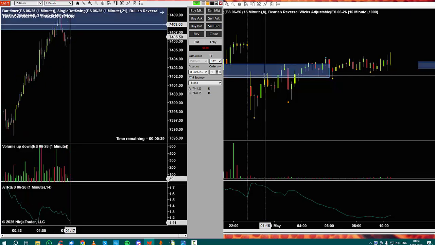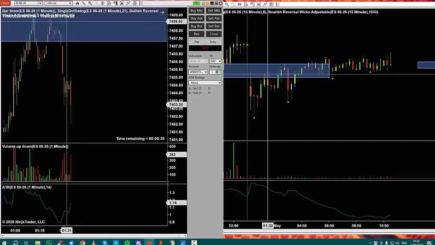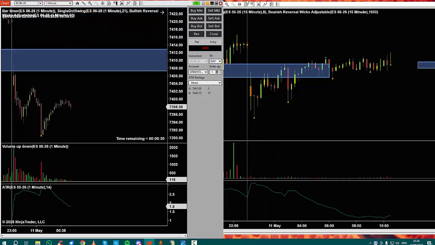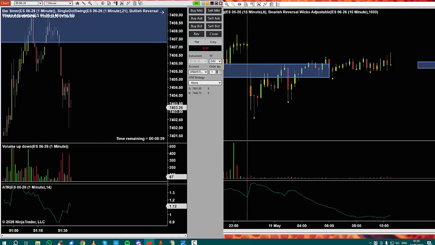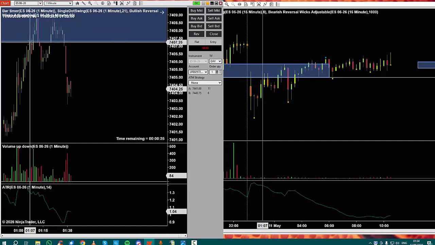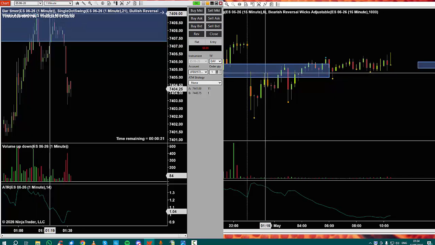Again, if we go to here, we got a 1-to-1 here. But if you entered randomly on reversal candlesticks, which I don't, you would have probably entered right there. The stop would have been 2, and you'd have been stopped out.